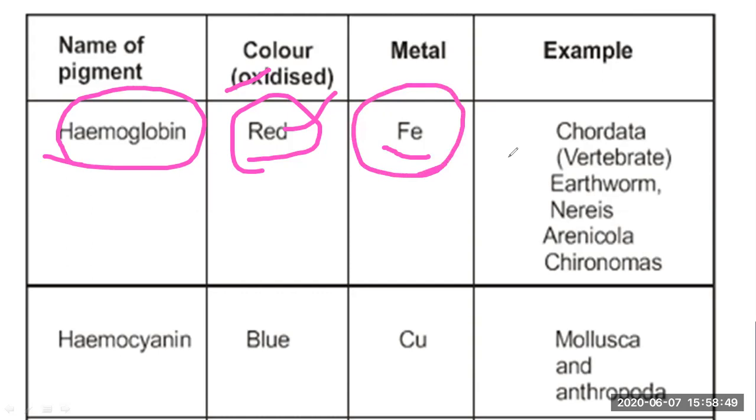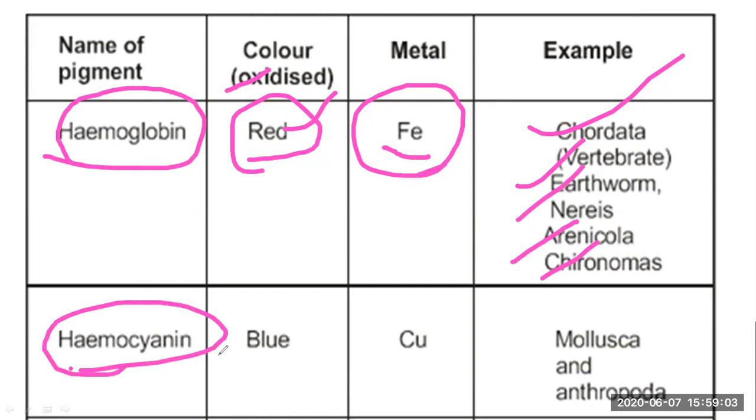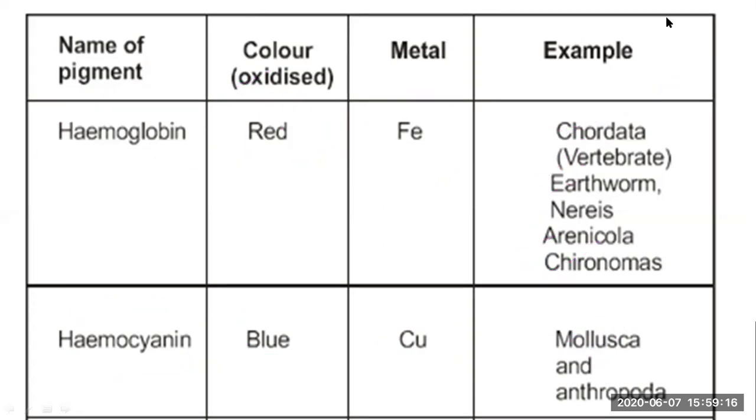It has the iron metal, and it is found in Chordata, that is vertebrata, earthworm, Nereis, Arenicola, and Chironomus. Hemocyanin has blue color on oxidation and has the copper metal, and it is found in Mollusca and Arthropoda, like the horseshoe crab.